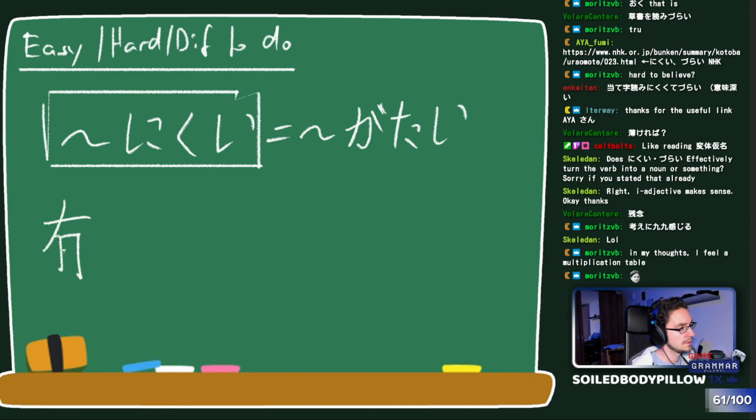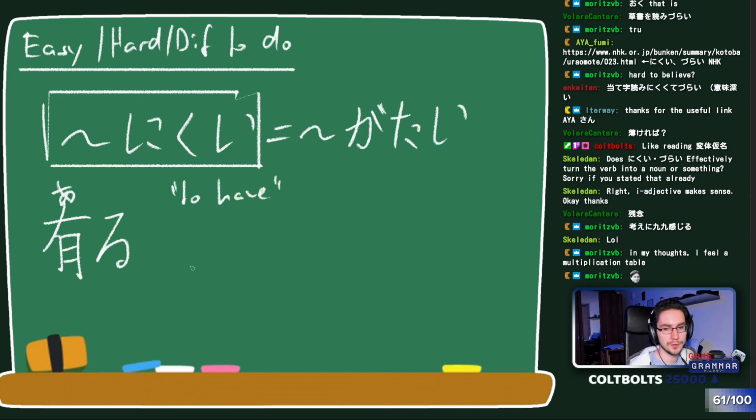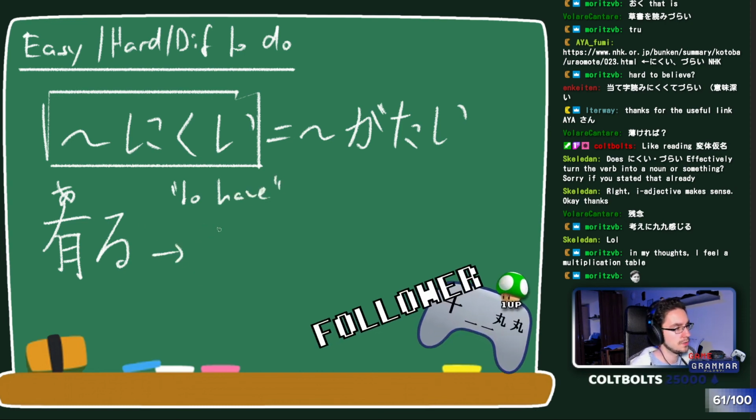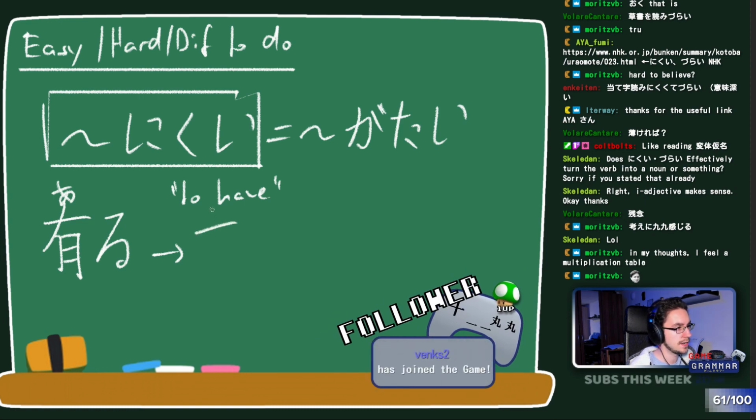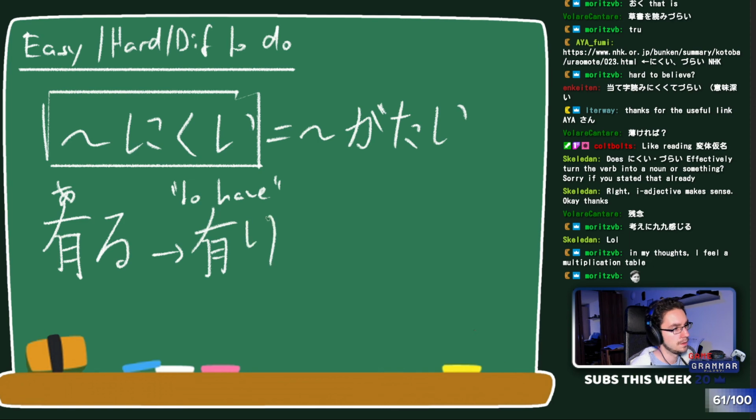So I will stick to that. Aru, meaning to have or to possess, turns into arigatai, right? Difficult to possess. It looks like this. Oops, I forgot the kusakamuri.